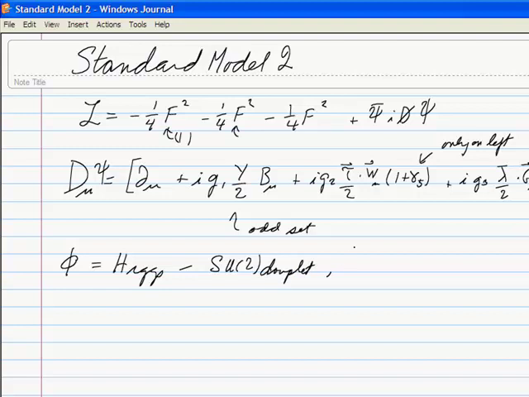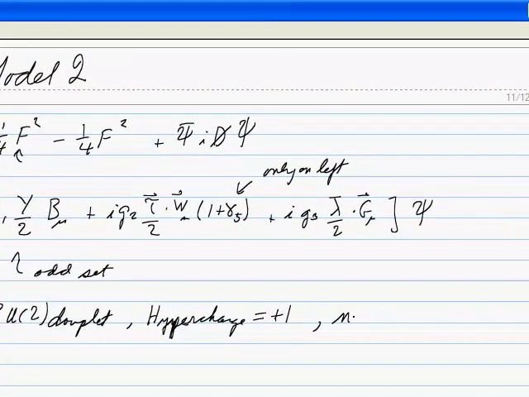It's not a hypercharge singlet, it has hypercharge plus 1. Remember, the electron had minus 1. And there's no SU(3) coupling.